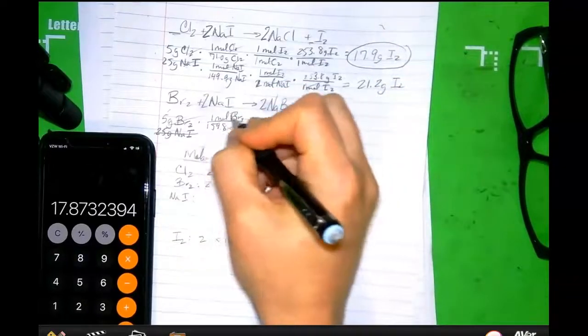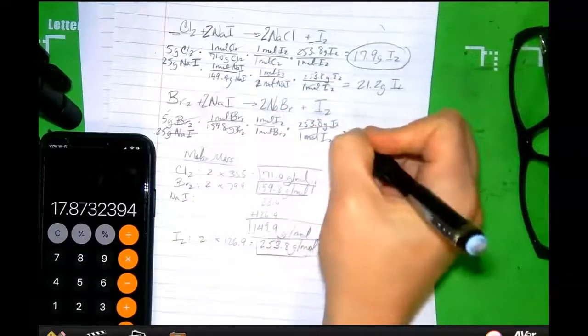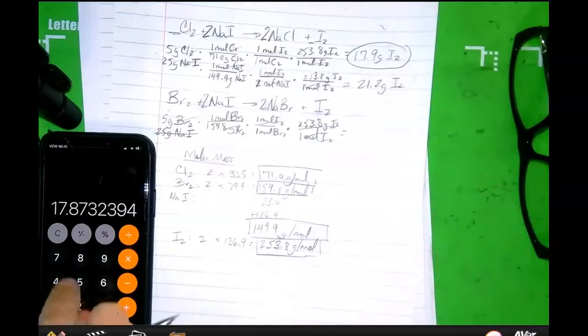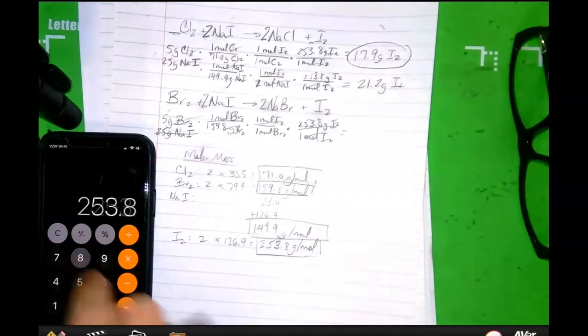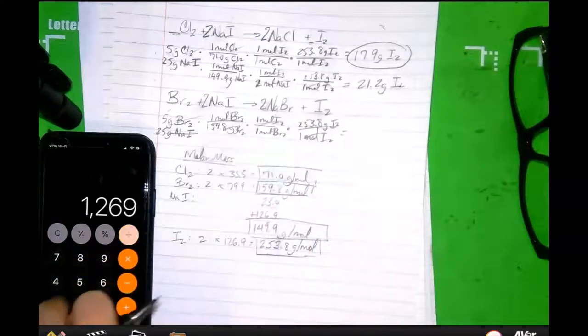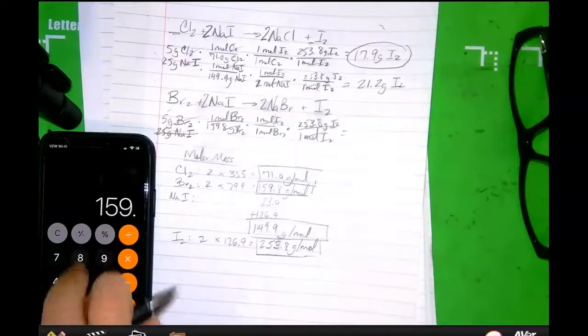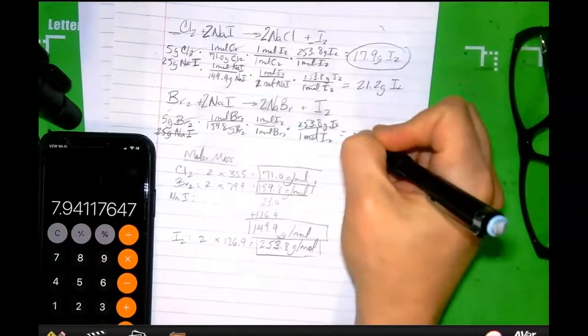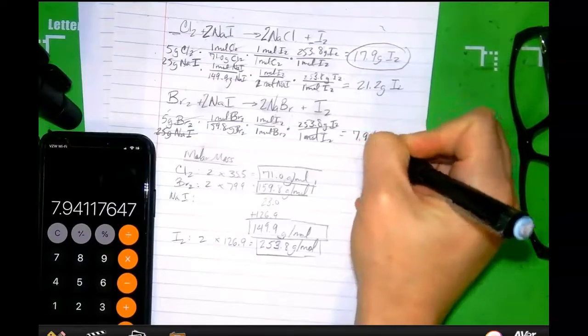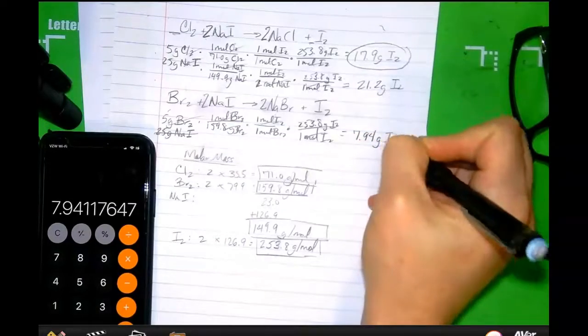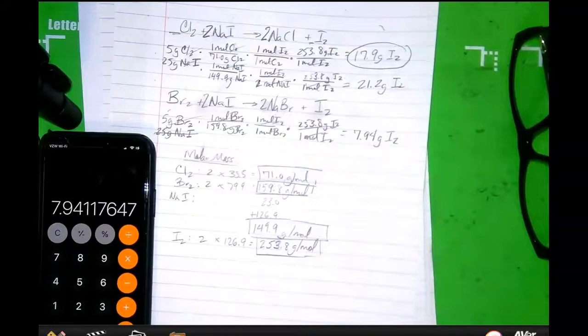And we cancel out, cancel out, and we do 5 times 253.8 equals, divided by 159.8, and we get only 7.94 grams of I2, which is also our limiting reagent.